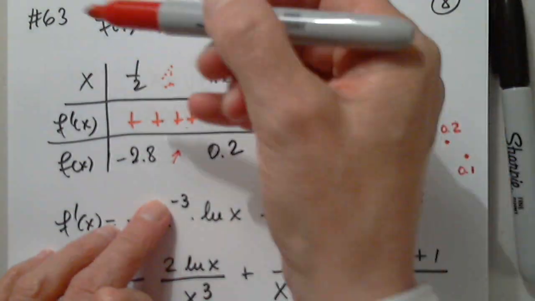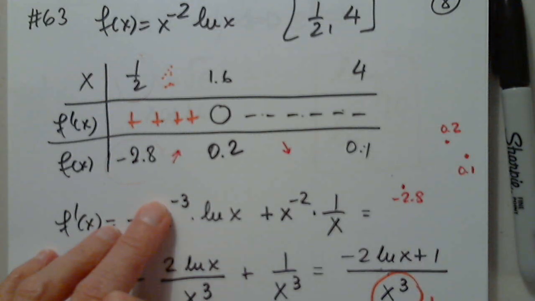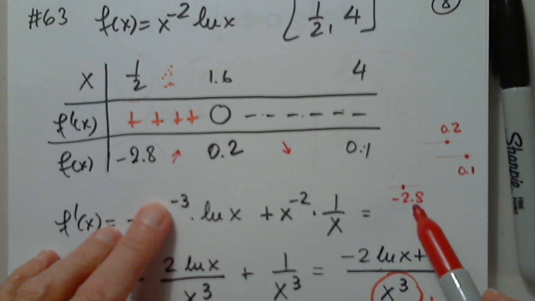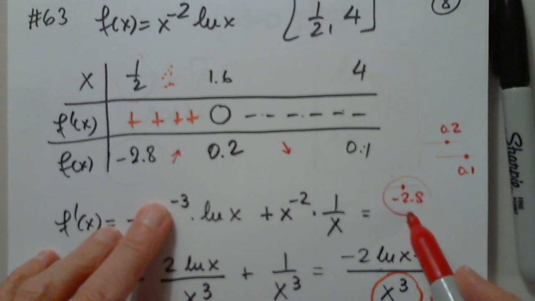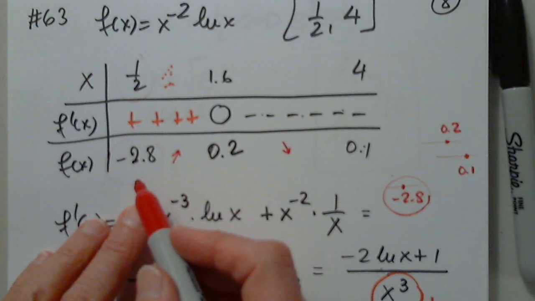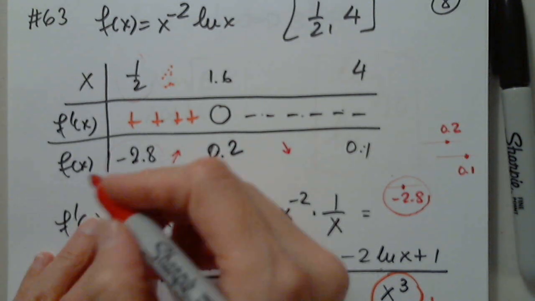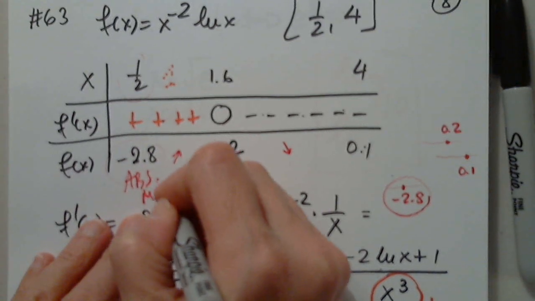So from left to right, what type of point is 1/2, -2.8? This one. An absolute min? Excellent.